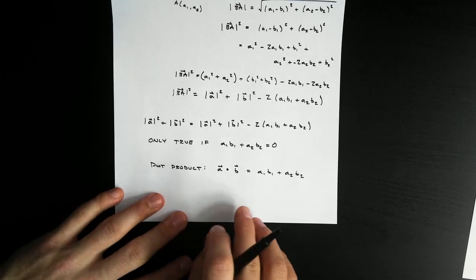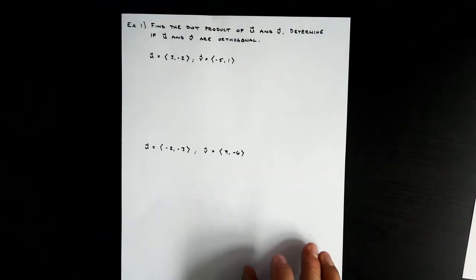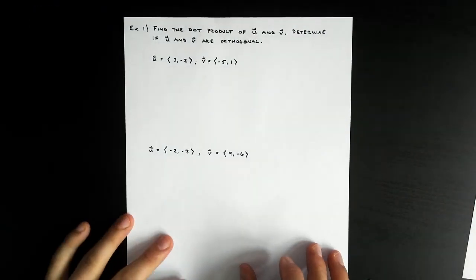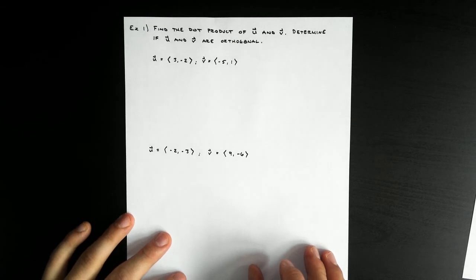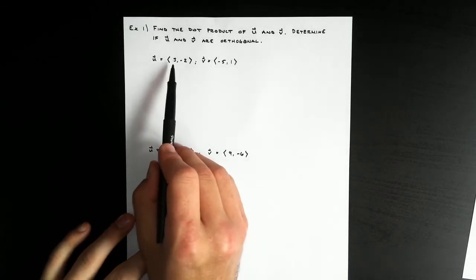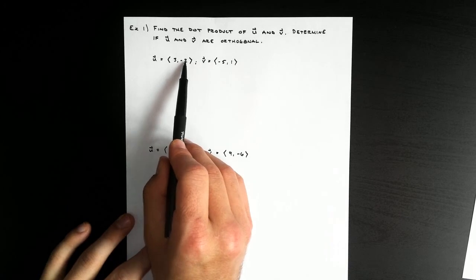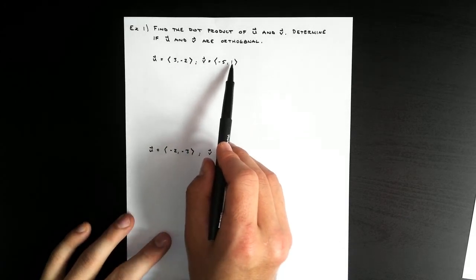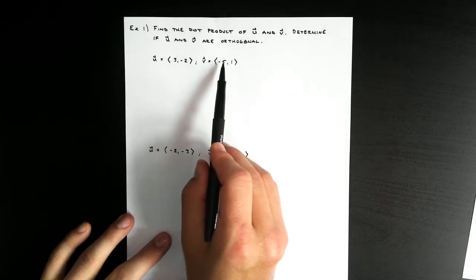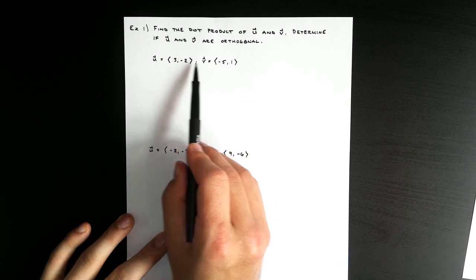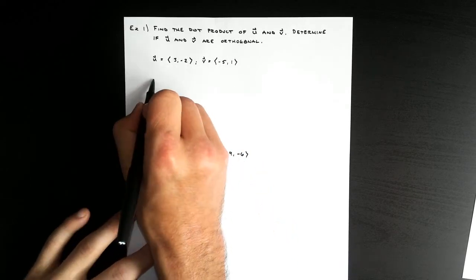All right, so let's use that in a couple quick examples. Find the dot product and determine whether they're orthogonal or not. So this is my a1, a2, this is my b1, b2. You multiply your two x values together, you multiply the two y values together.